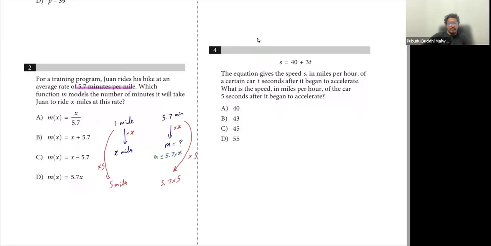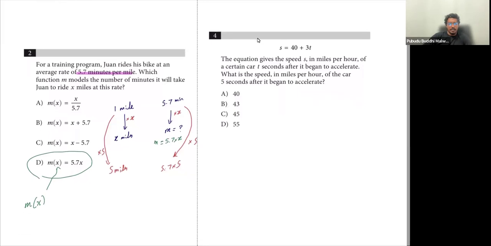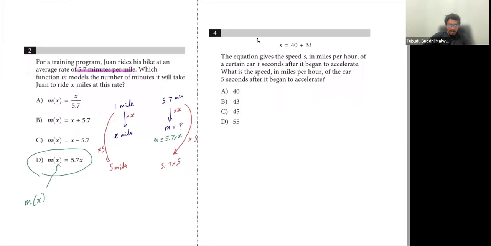That's the answer. So m(x) means m is a function of x. That's obvious, right? Because the number of minutes depends upon the number of miles. Okay, so that's the answer.